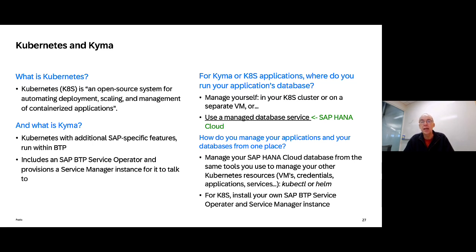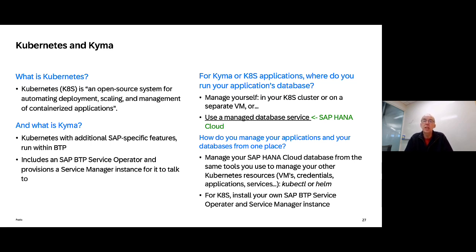And if you're using either of these to run applications and you want a database for those applications, whether it's a data source for dashboards or an operational database for transaction processing, you could manage it yourself within that landscape, or you could use a managed database service like HANA Cloud, obviously.